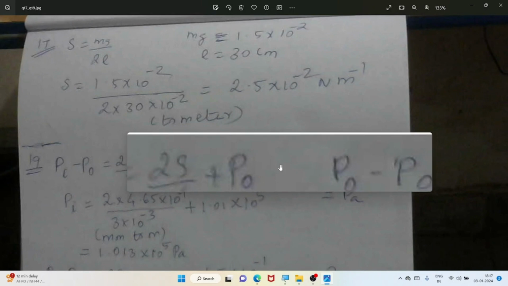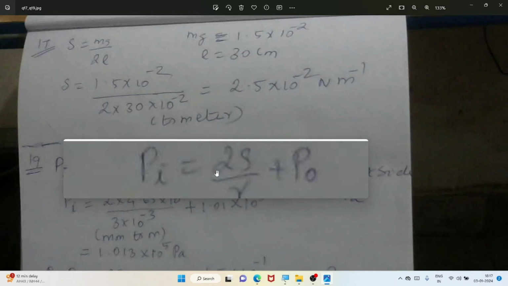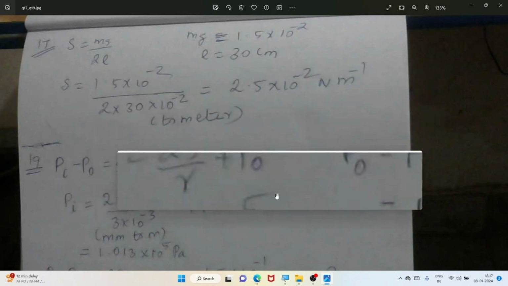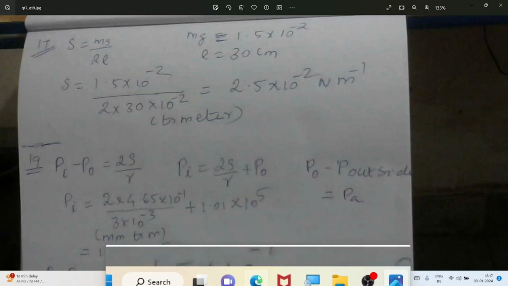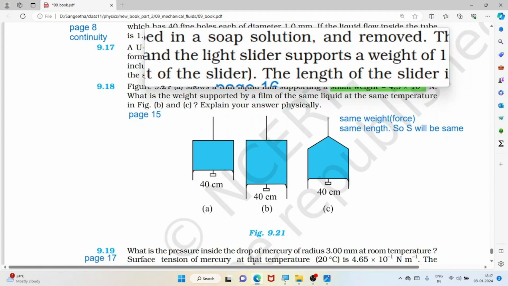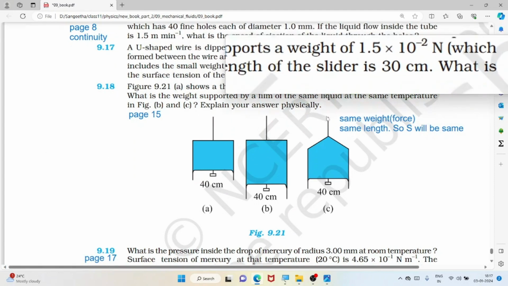L is 30 centimeter, converted to meter. Mass, mg already given, so the surface tension is this much. So this is the weight they gave, mg is already given.